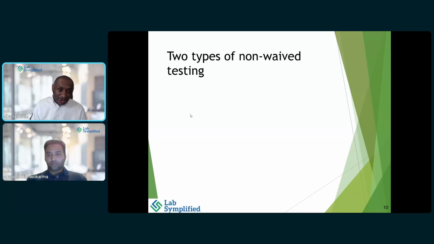Usually anyone can do the waived ones at home. What we're concerned about in the laboratory are non-waived tests, even though many laboratories do have some waived testing. A pregnancy test is a popular one in the laboratory, and you should do competency on that also. But we're talking about non-waived testing, because there are some caveats here on the 2 types of non-waived testing.